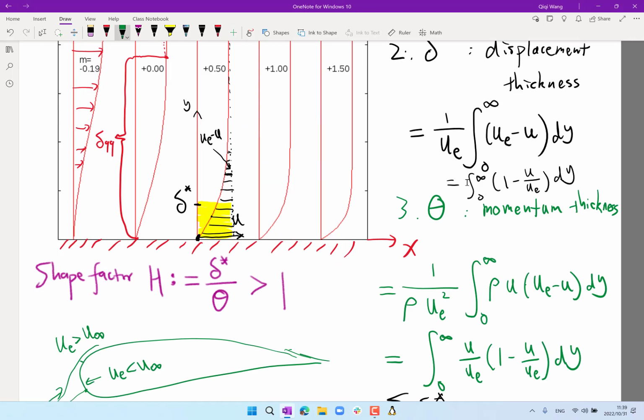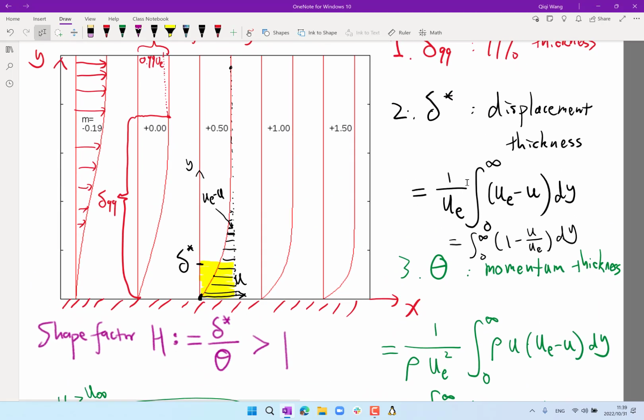But there are different cases, right? So if you look at a boundary layer like this, it's a little bit different. The slope actually is the largest somewhere over here, and the slope is actually smaller over here than over here. So there are two regions. In the near wall region, in this boundary layer, the viscous forces actually accelerate the flow, while in the outer regions, the viscous forces decelerate the flow.